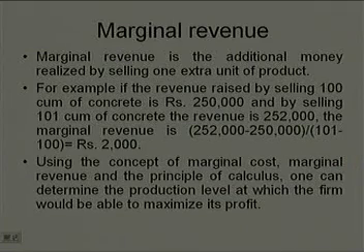In a similar way, we define marginal revenue. If you look at the definition of marginal revenue, it is nothing but the additional money realized by selling one extra unit.